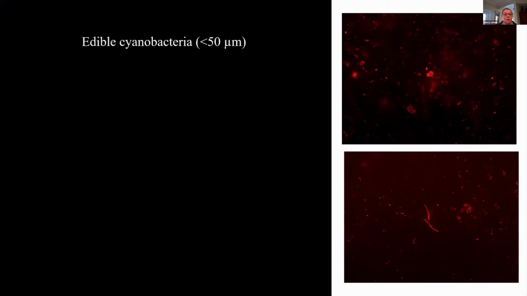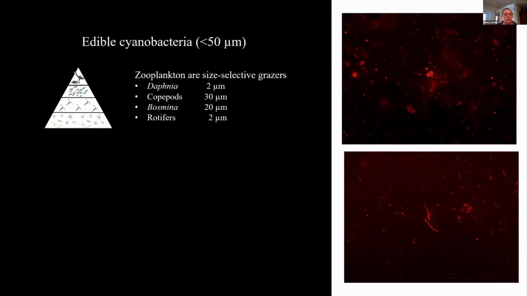So one of the samples that we knew that we needed to use was the edible cyanobacteria, which you will find in the less than 50 micron fraction of the whole lake water sample. So that was our primary sample for characterizing the cyanobacteria. And one of the things that we have to remember about the edible cyanobacteria is that these zooplankton are size-selective grazers.